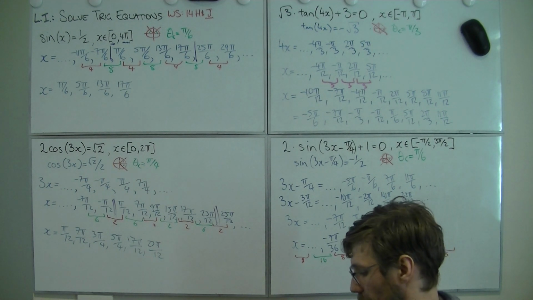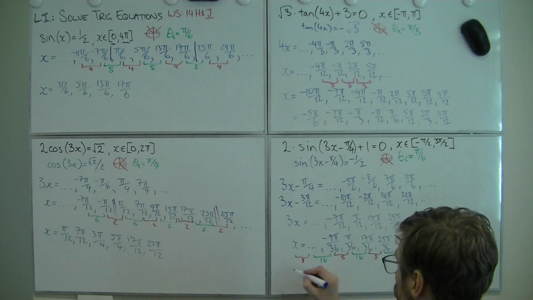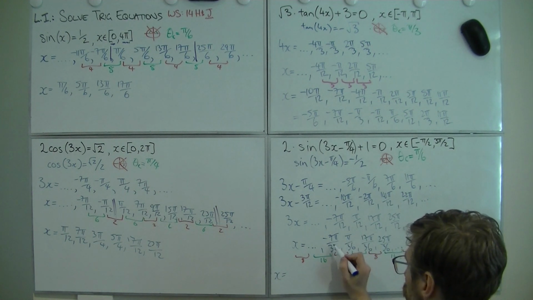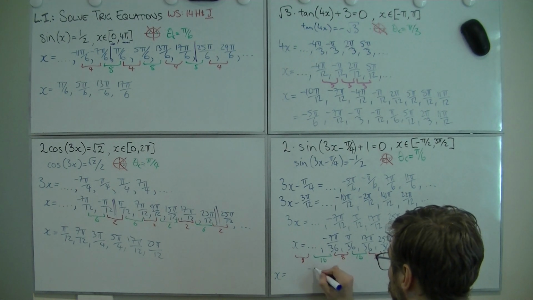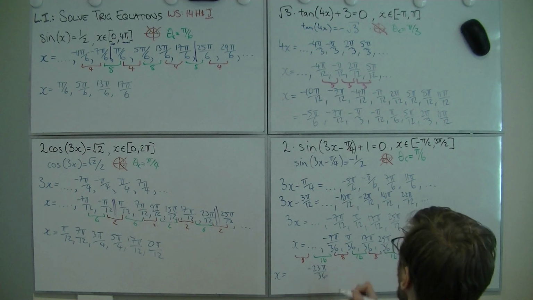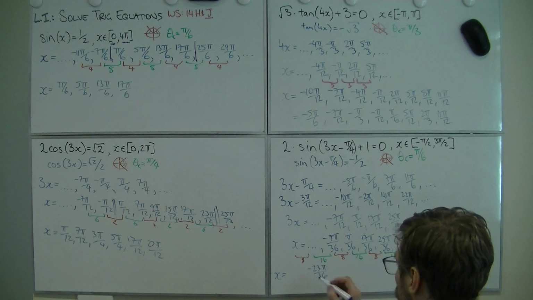Okay. Okie dokie. Minusing 16 since we're going that way gives me what, negative 23? Is that right? Yep. Negative 23 pi on 36, which we're already good.